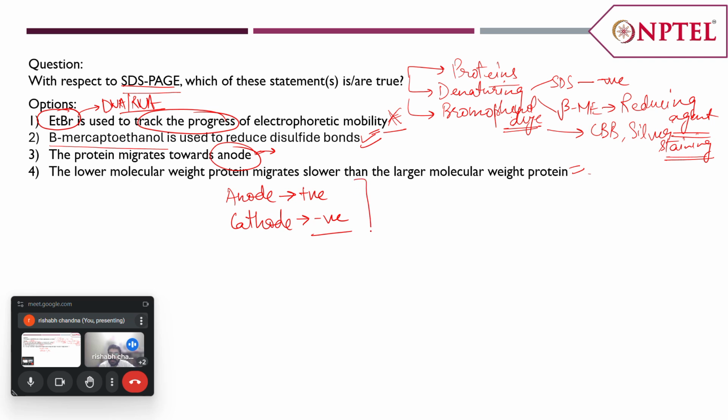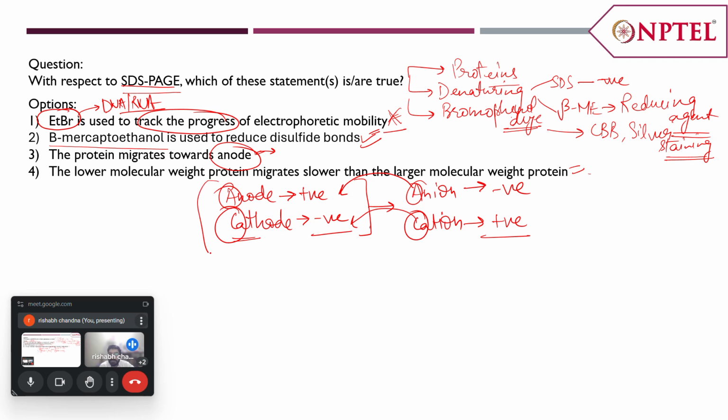To remember this, you remember anion or cation. Anion is negatively charged. It will migrate towards the anode, so A to A. Then cation is positively charged. It will migrate towards the negative charge, that is, cation will always progress towards the cathode.